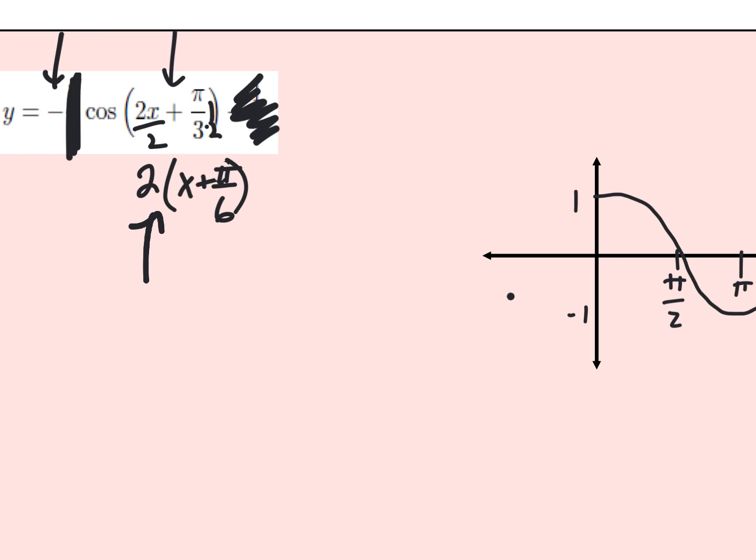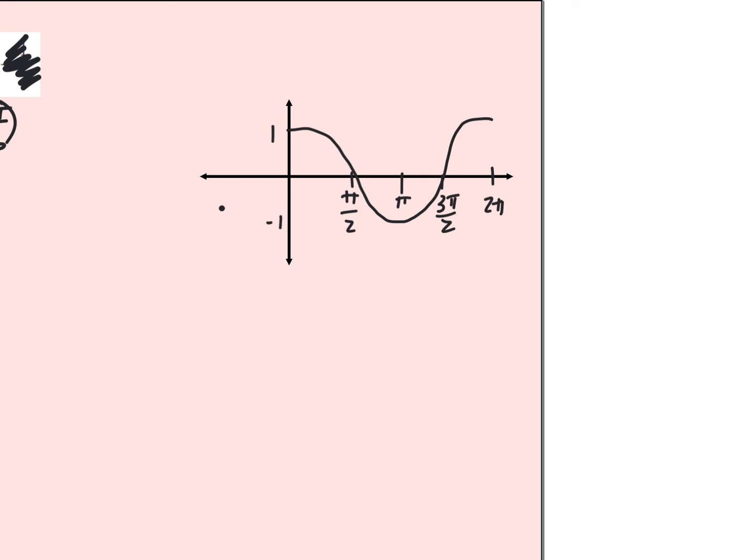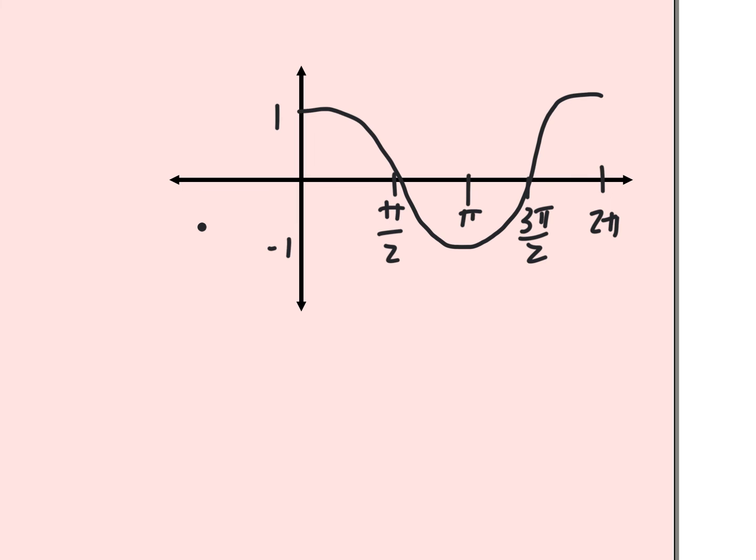You have to do the numbering before you do the shift. If you shift first and then you renumber, it will be wrong. Not because I'm psychic, but because you will have moved it to the wrong place. So we have to do the renumbering first. That 2 has to go in and get multiplied or divided. Everything by 2 is really what's happening. Multiplying on the bottom by 2 is like dividing by 2.